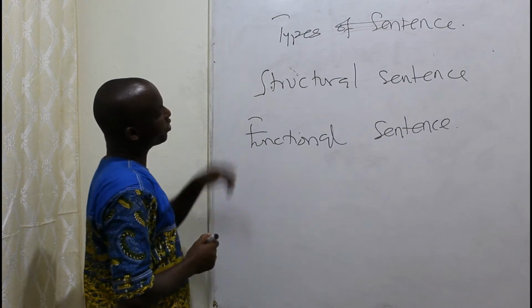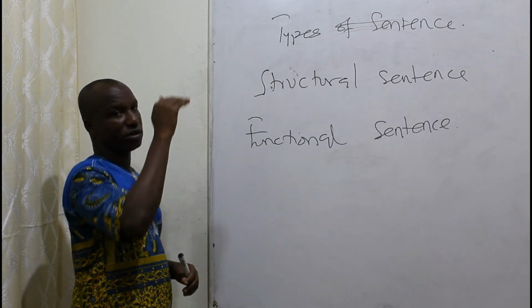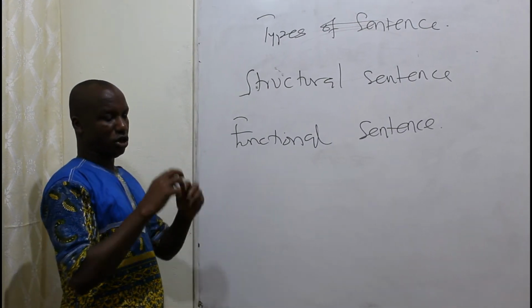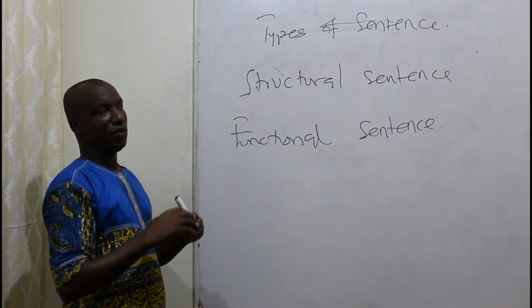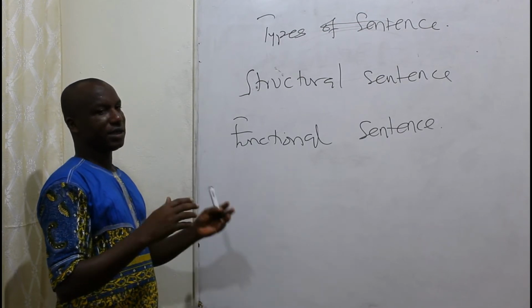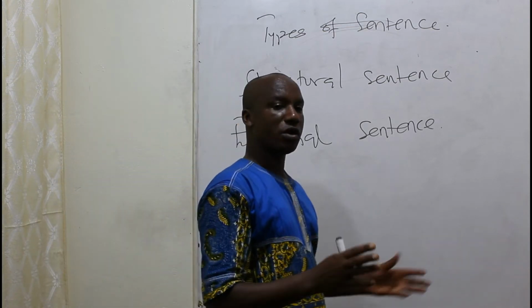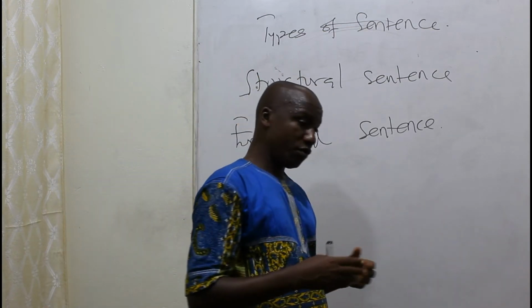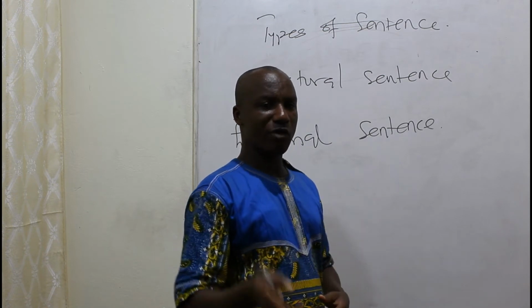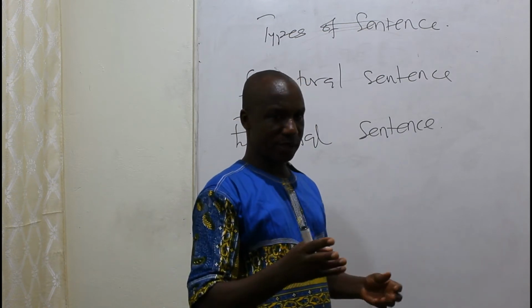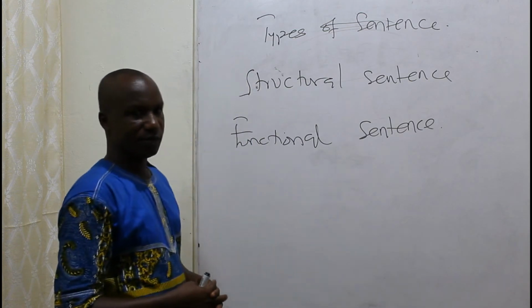Now, the structural sentence has to do with the various groups of words and the way they are structured, such that when you are saying it, you either use long sentences or short sentences. So it could be simple, complex, compound, or compound complex sentence.